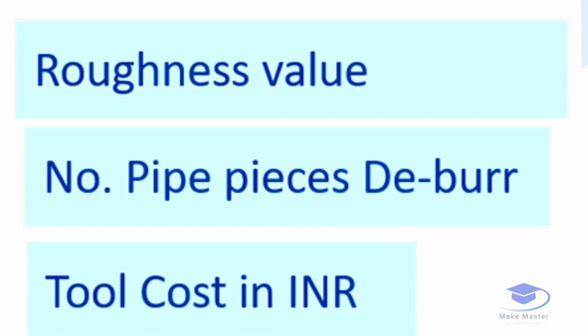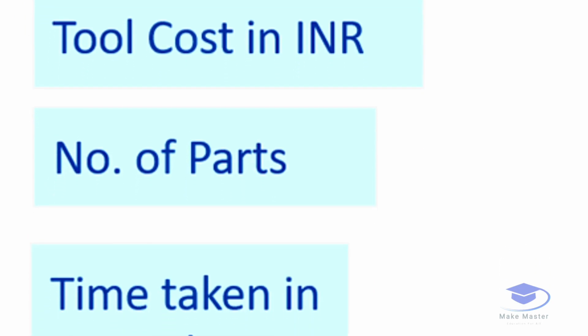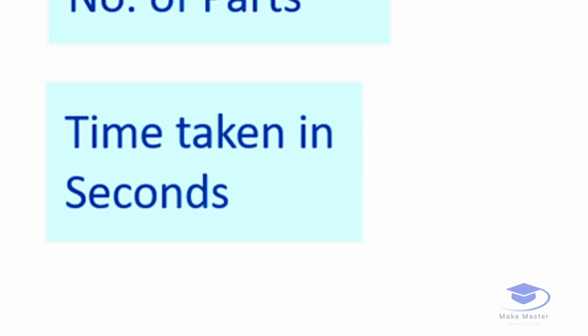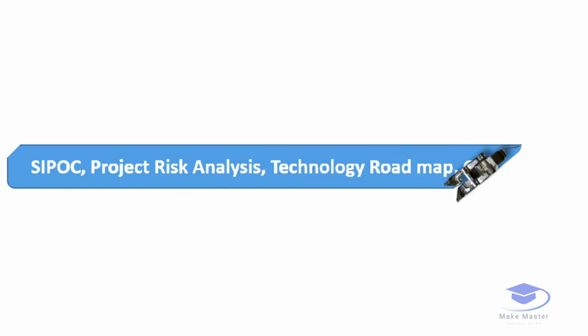Durability is measured through the number of pipe pieces deburred. Tool cost may be in INR or in dollars. Compatibility can be measured from the number of parts. Speed is measured by the time taken in seconds. The outcome in phase 1 is prioritizing the high level needs and CTQs. Some of the tools used in phase 1 are SIPOC, project risk analysis, technology roadmap, quality function deployment, and FMEAs.